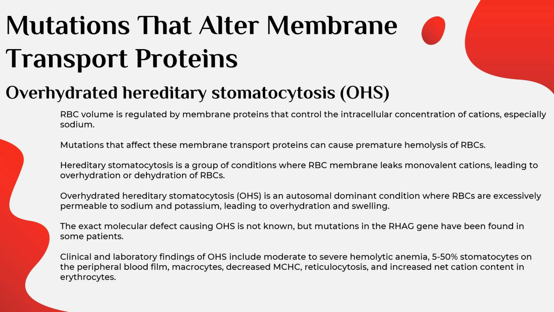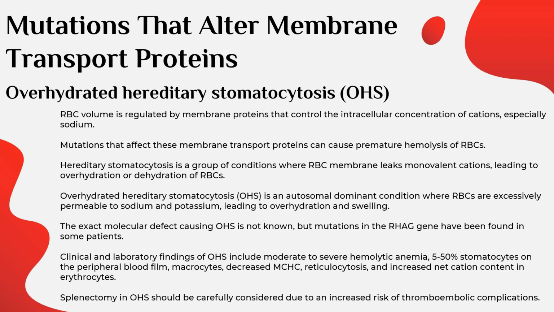Clinical and laboratory findings of OHS include moderate to severe hemolytic anemia, 5 to 50% stomatocytes on the peripheral blood film, macrocytes, decreased MCHC, reticulocytosis, and increased net cation content in erythrocytes. Splenectomy in OHS should be carefully considered due to an increased risk of thromboembolic complications.